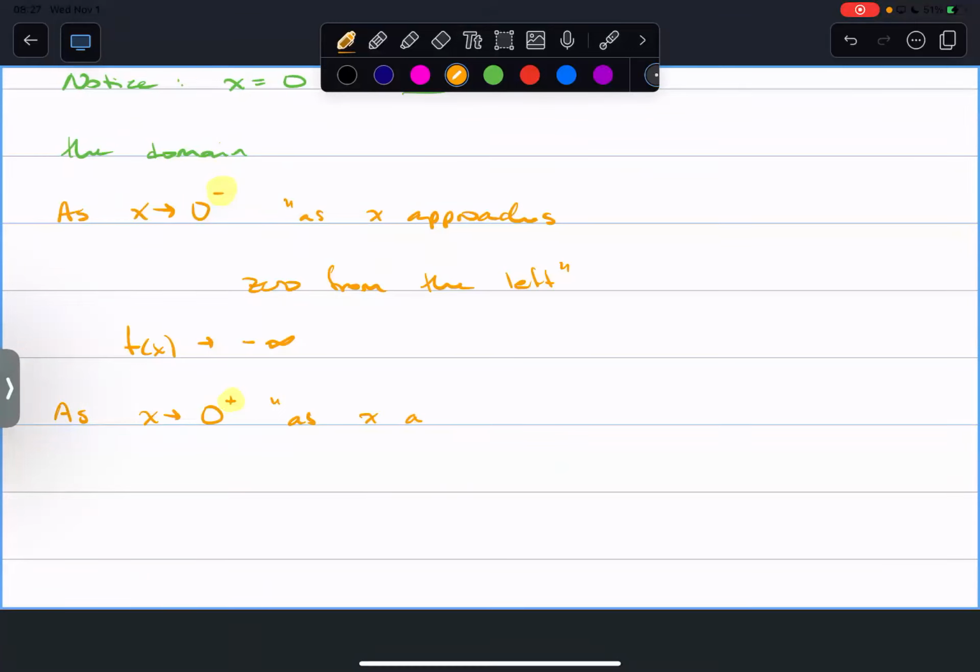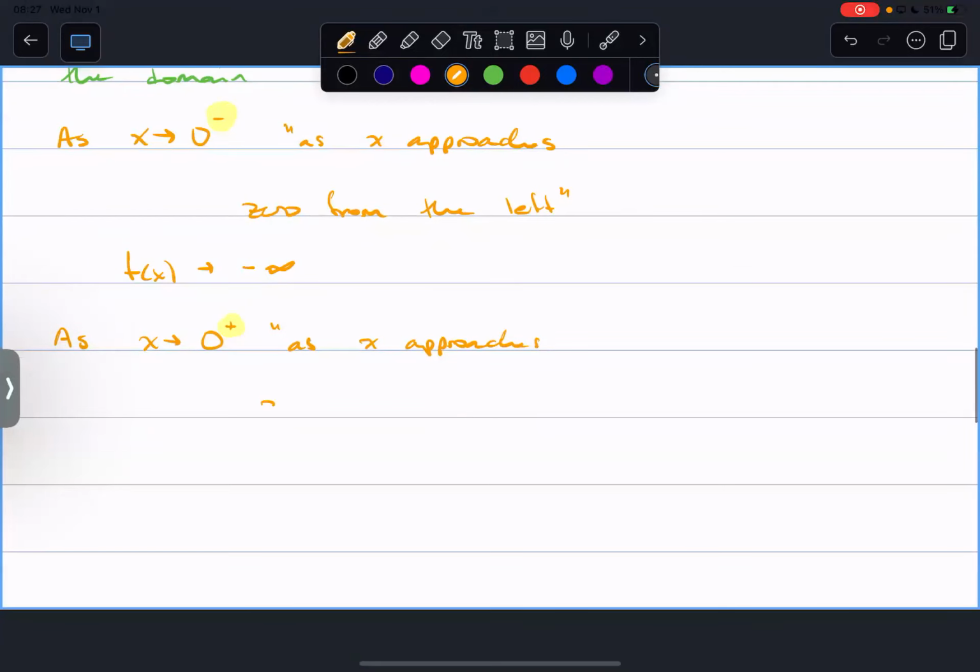So as x approaches 0 from the right, f of x is going to positive infinity.